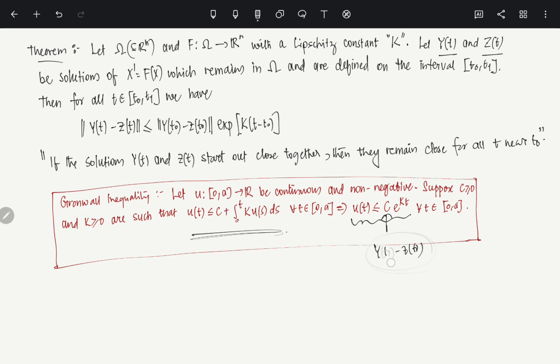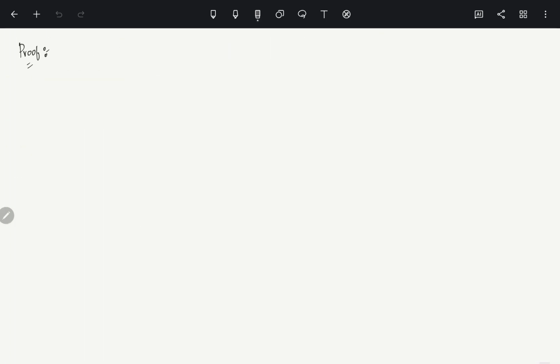So how to do that? Let's do it. We define capital V(t) as the norm of y(t) minus z(t).